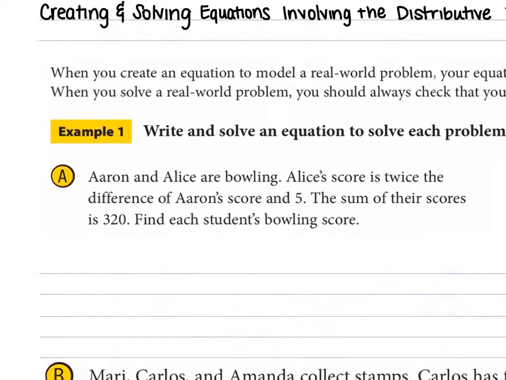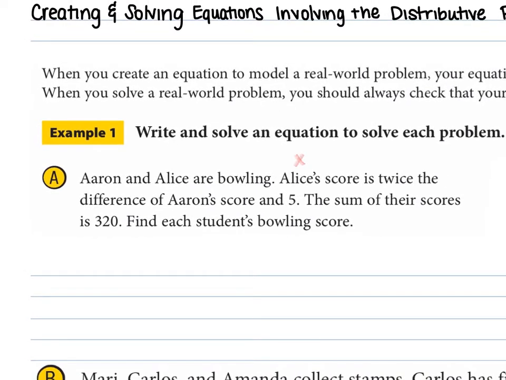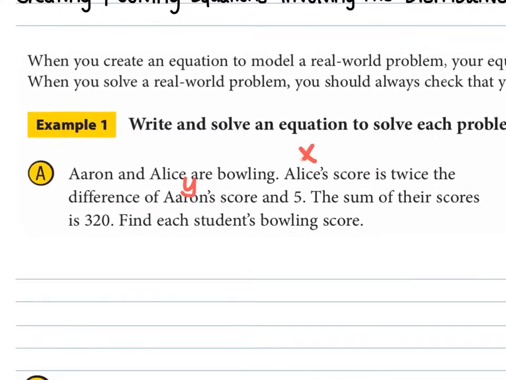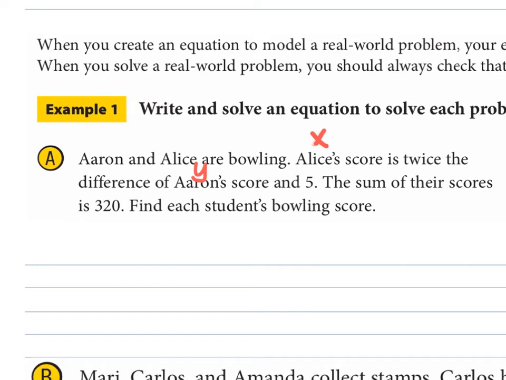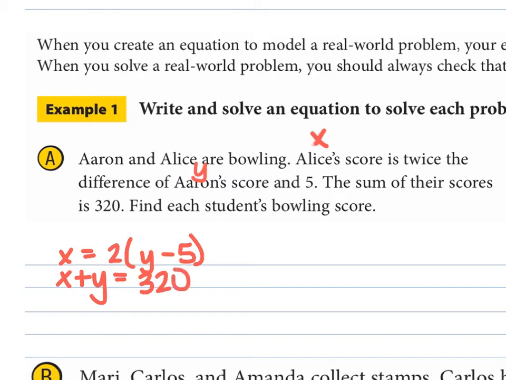So Alice is X, and let's say Aaron is Y. Alice's score, X, is 2 times the difference of Aaron's score and 5, so it's going to be Y minus 5. Together, Aaron's plus Alice's, so X plus Y, is equal to 320.